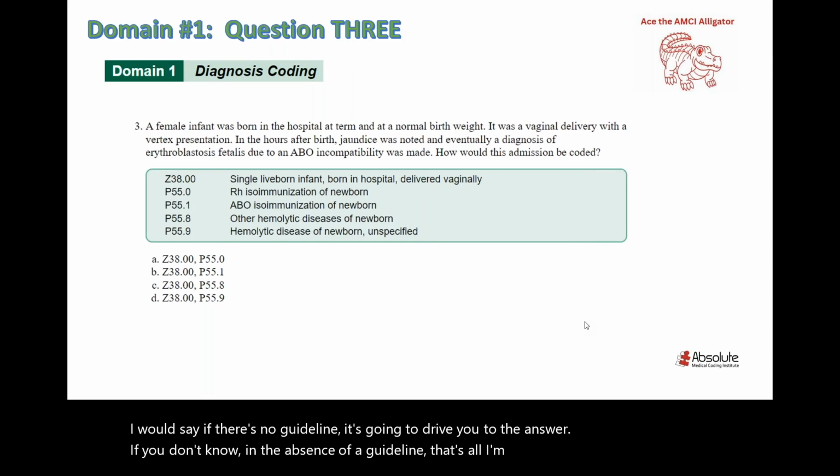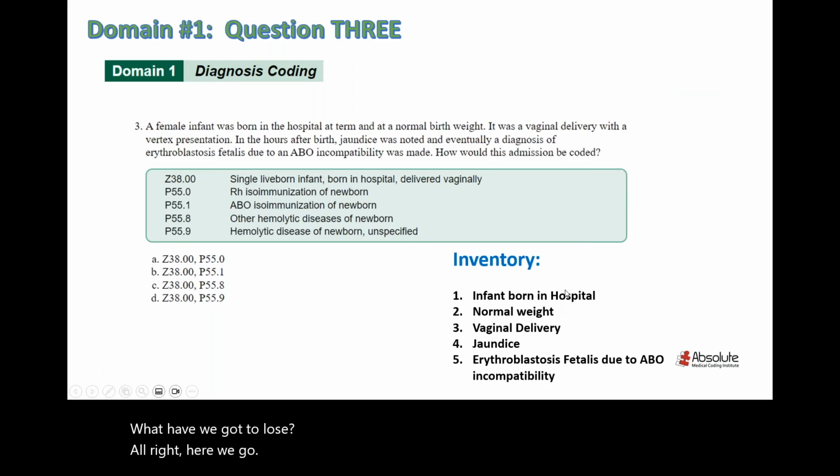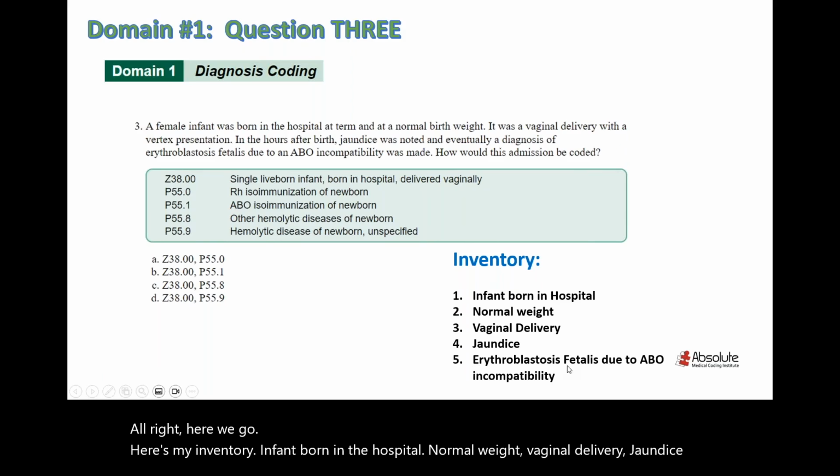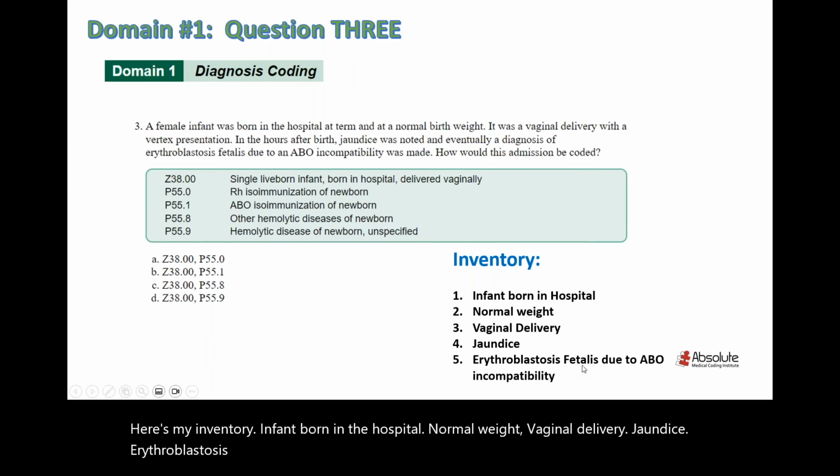What have we got to lose? All right, here we go. Here's my inventory: infant born in the hospital, normal weight, vaginal delivery, jaundice, erythroblastosis fetalis due to ABO incompatibility. If you want to change your answer, go ahead.